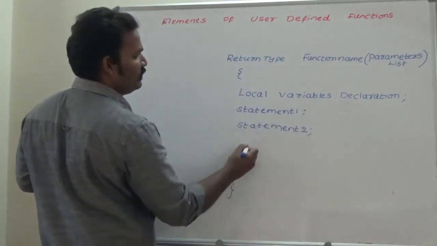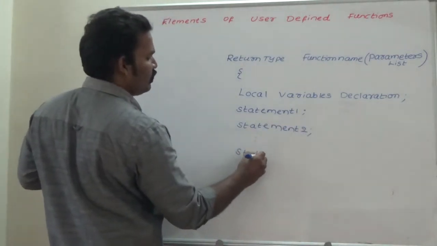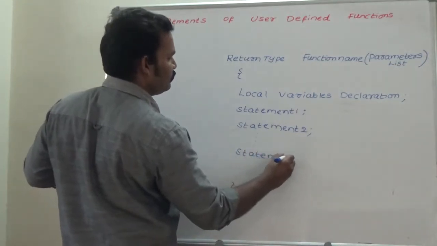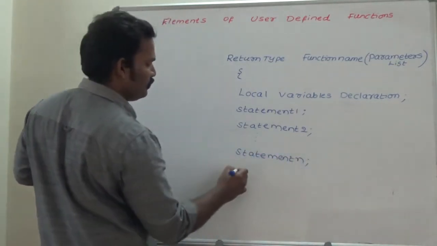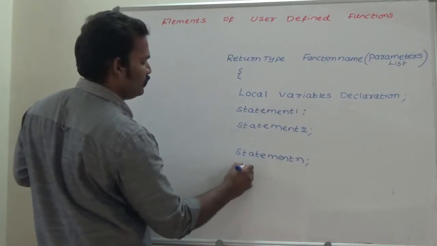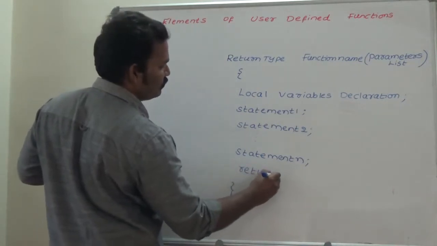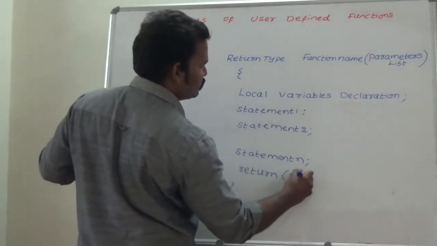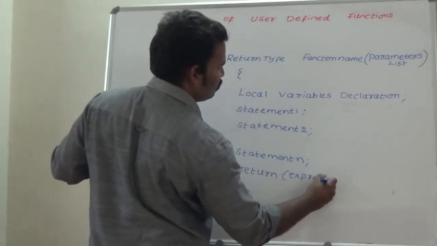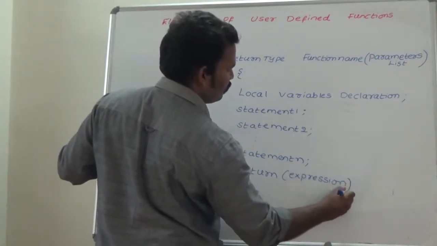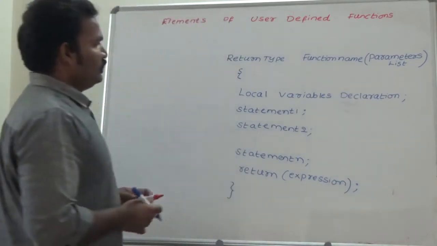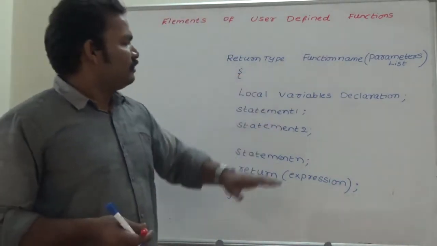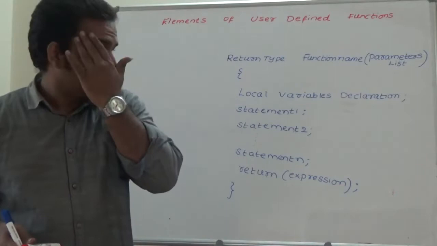Like that we can write n number of statements. Next, return statement, return expression. So this is the general form of function definition.